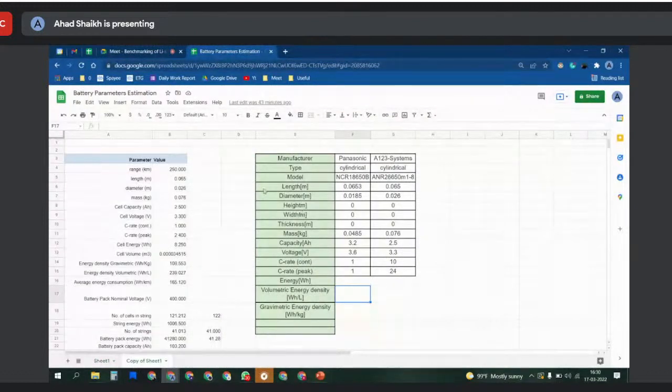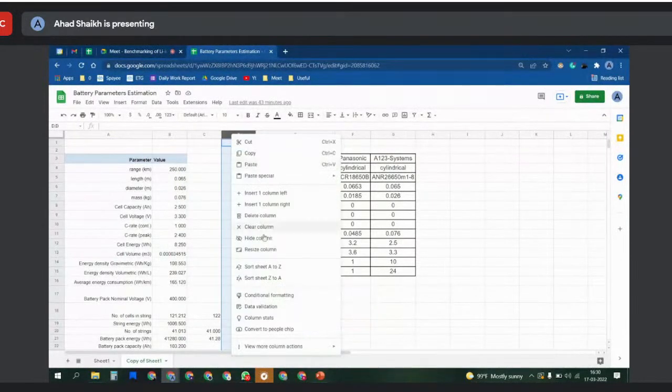Tata has been getting cells from suppliers, and there are no such updates from Tata on whether they are manufacturing or not. But I have seen some startups who have been setting up their plants.